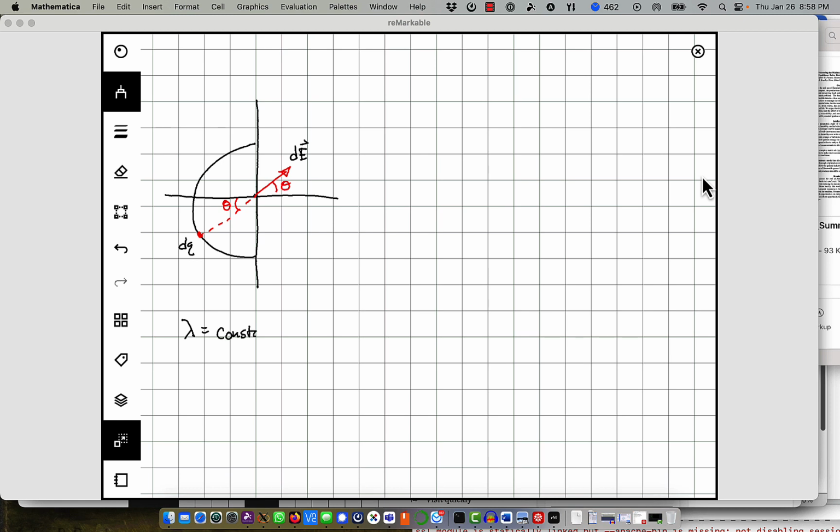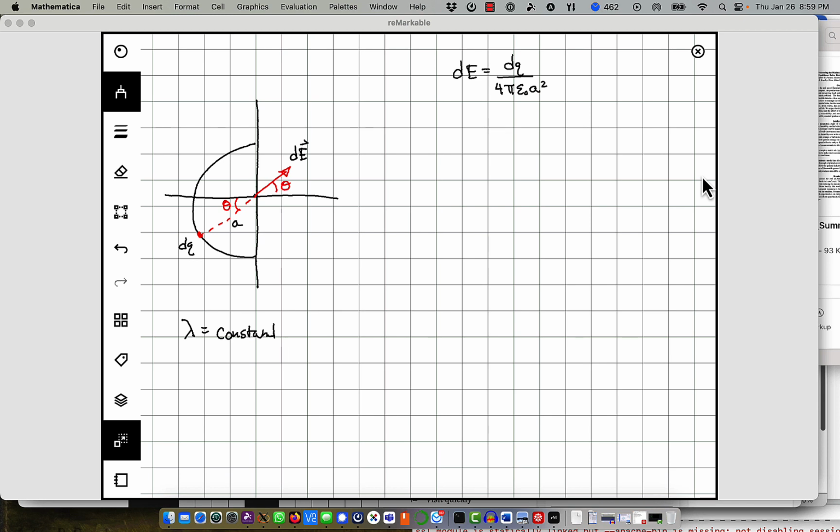The lambda is going to be a constant, charge per unit length in that arc. And now I'm going to write the dE as dE is dQ over 4 pi epsilon naught A squared, where A, we'll label A here, is the radius of the arc.